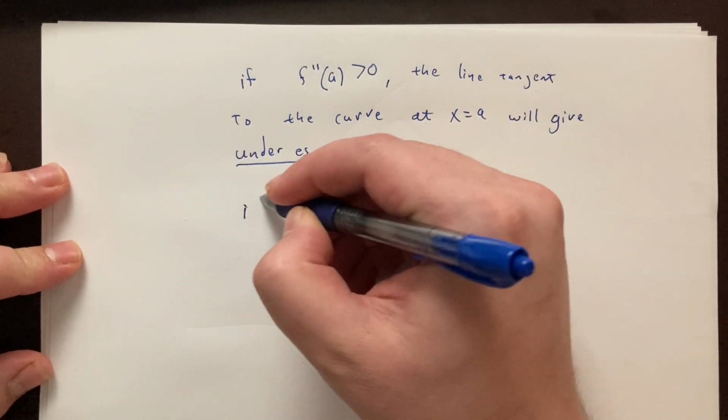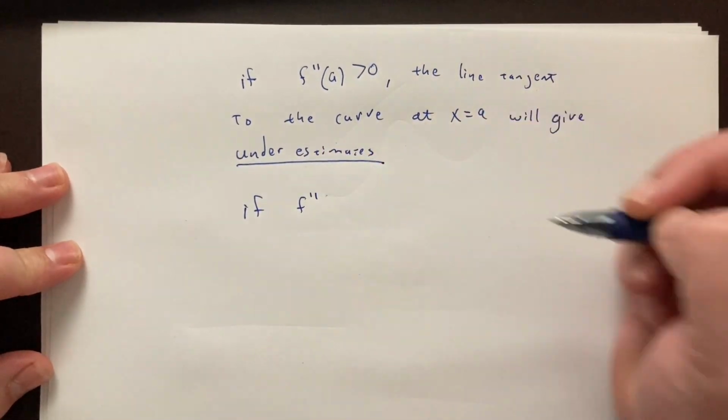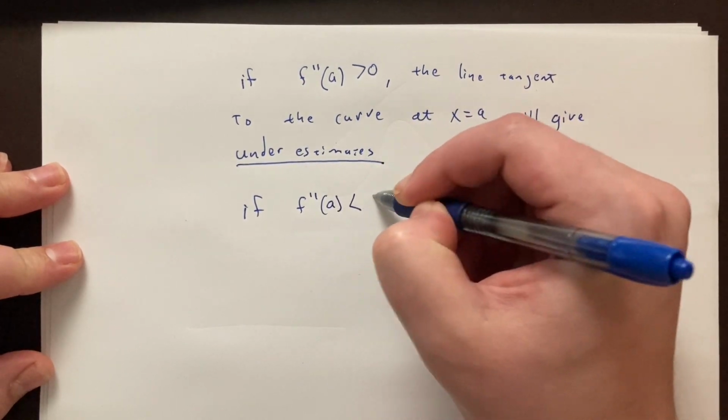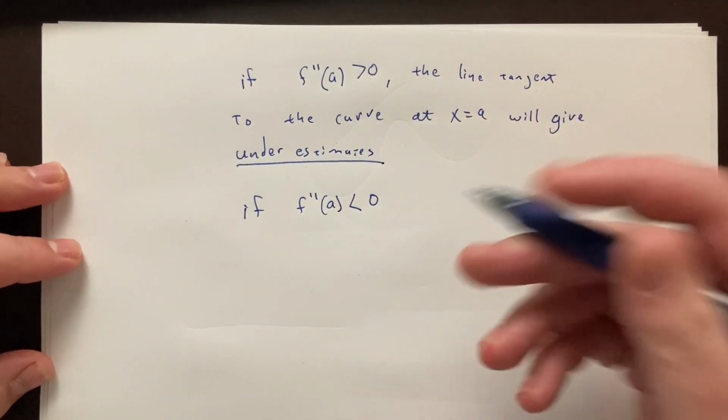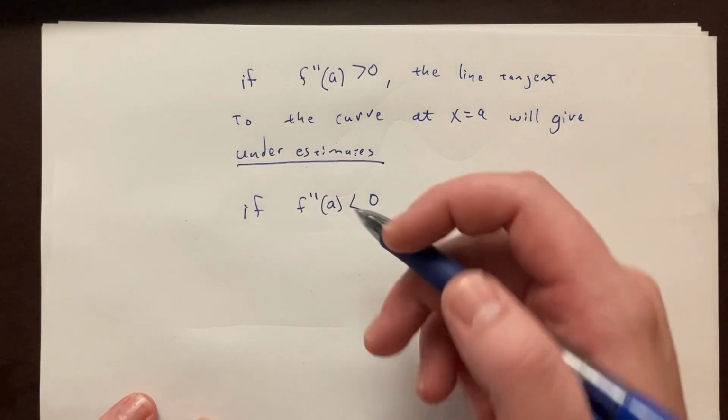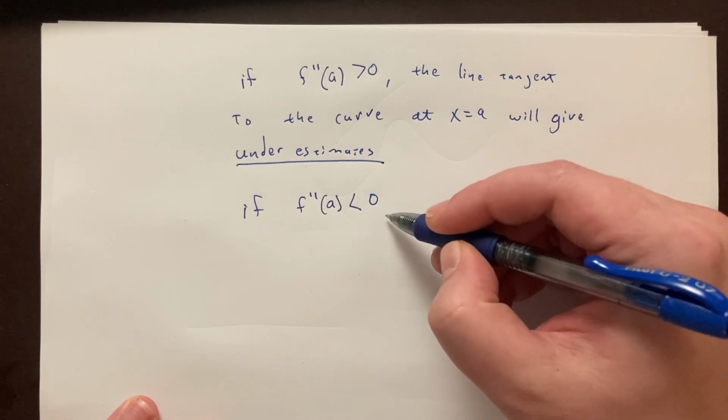Conversely, if f double prime of A is less than 0, automatically your head should pop into f of x is concave down at A, right? Second derivative is less than 0.